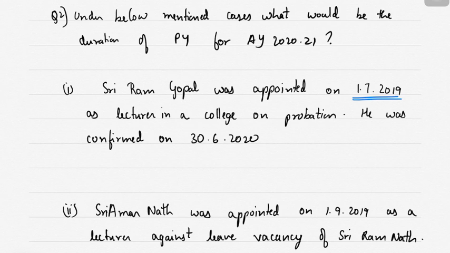So on 1st July 2019 only he started earning. When he was confirmed, that doesn't matter, that is irrelevant. The day you start earning, the previous year starts on that day. So in this case the previous year for Sri Ram Gopal shall be from 1st July 2019 to 31st March 2020.